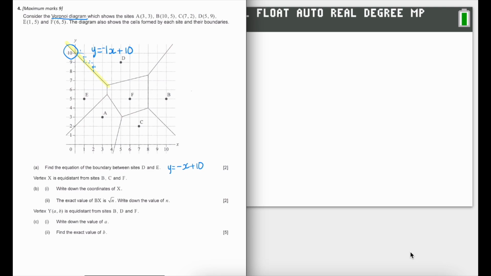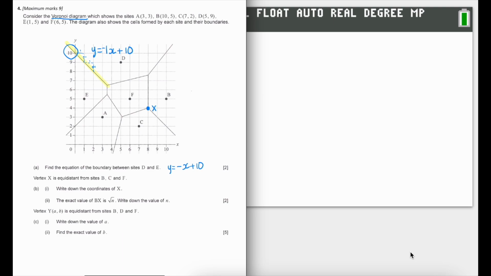And then the next point is that we have vertex X is equal distance, that's what equidistant means, from sites B, C and F. So if it's from B, C and F, it must be this point here. So we can label on our graph that this point is known as coordinate X. And we need to write down what the coordinates are.